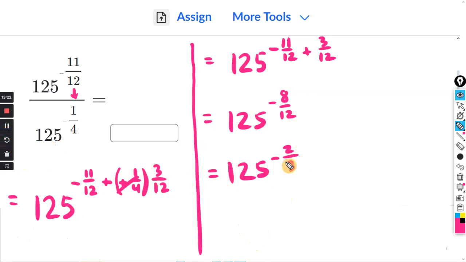Recall, when the exponent is negative, you can shift this entire thing into the denominator. You can put it over 1 if you like, but it's really the same as 1 divided by 125 to the power of 2/3.